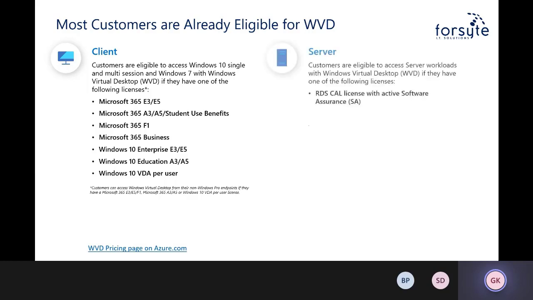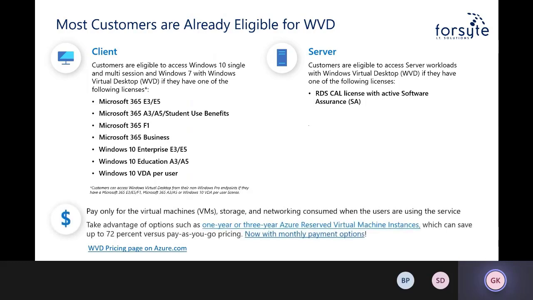If you're licensed for A3 or A5, you can go ahead and use Windows Virtual Desktop. And then you have all the other caveats for the different clients. And if we were doing it for server, you have an RDS CAL that you can go ahead and use. The full pricing and everything for this you can find at azure.com at the link that's provided as part of the presentation today.